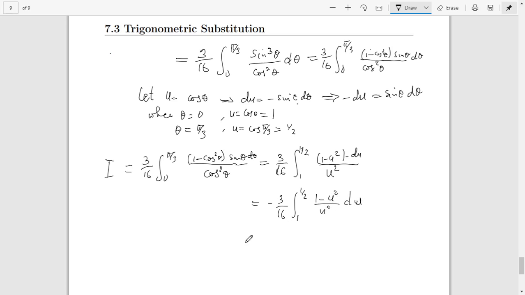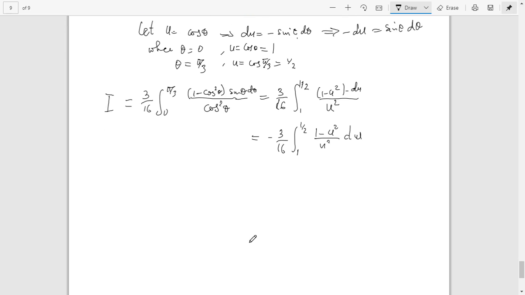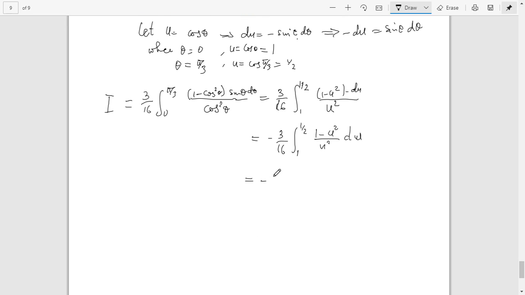I can divide by u squared. If I divide by u squared, I'll get minus 3 over 16 integral from 1 to 1/2 of 1 over u squared, which is u to the power of negative 2, minus u squared over u squared, which is 1, and everything here du.